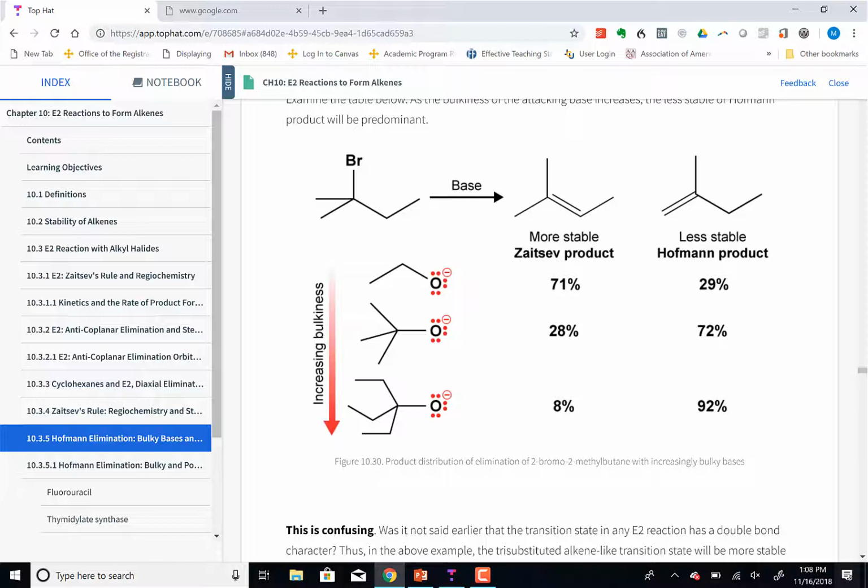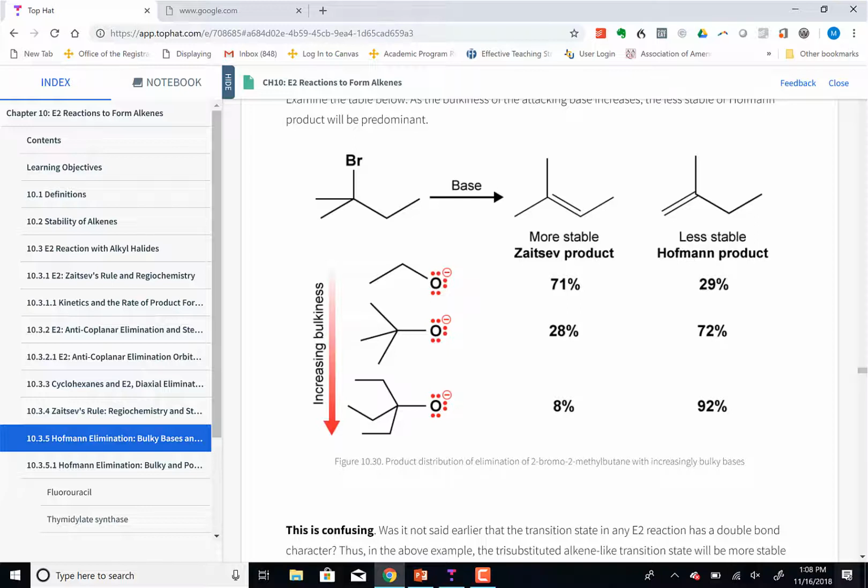But then when we make this too bulky, it still tries to come in and do SN2. It can't because of the bulk, and so then it says, okay, I'm going to now remove a hydrogen, but since it's bulky, it has no choice but to pull off the hydrogen that is least sterically hindered.